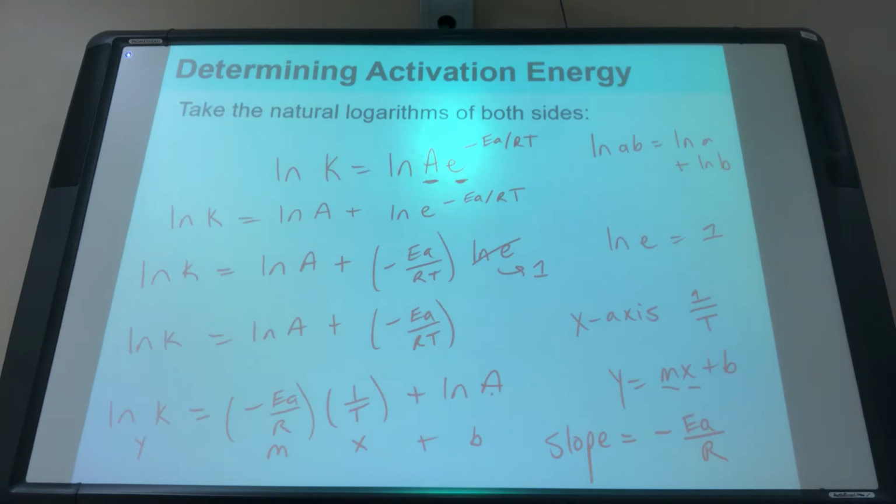Now, you might be saying, I do not follow that at all, Dr. C, I'm so confused. What you need to take away from this is two things. You don't need to memorize this whole thing.